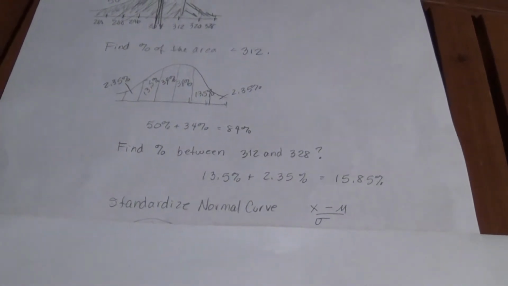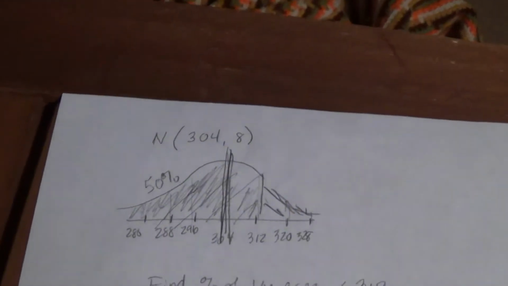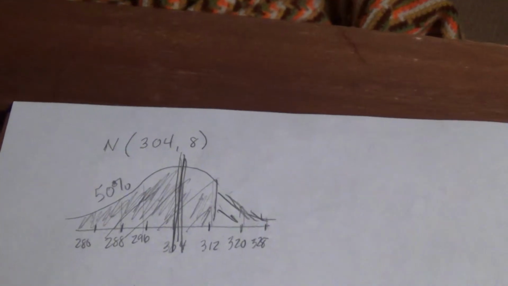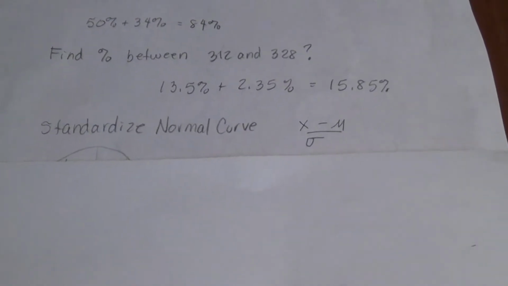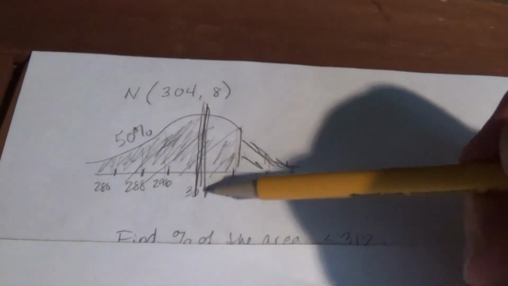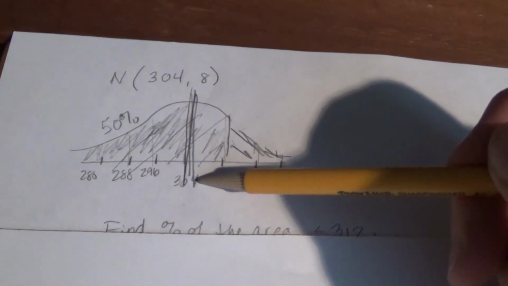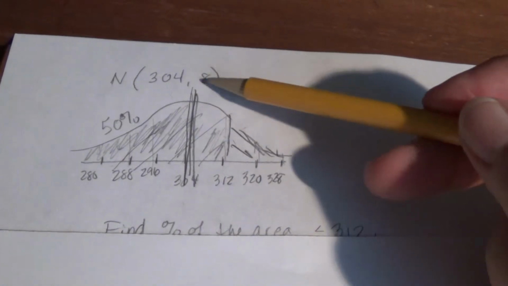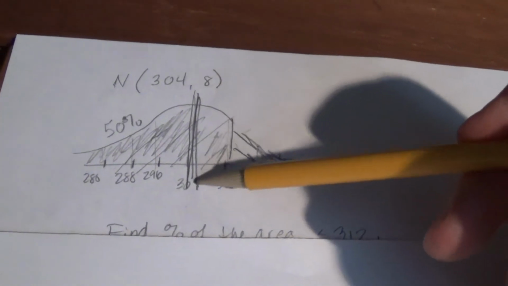And we took it a step further, and we said we can standardize this normal curve right here. We can standardize it by taking every point on it, subtracting the mean, and dividing by the standard deviation. And that's what we did down here. Let's go back up here to the very beginning. If I took this part right here, and that is 304, and from 304 I subtract the mean, which is 304, and divide by the standard deviation, I get 304 minus 304 divided by 8, which is 0.